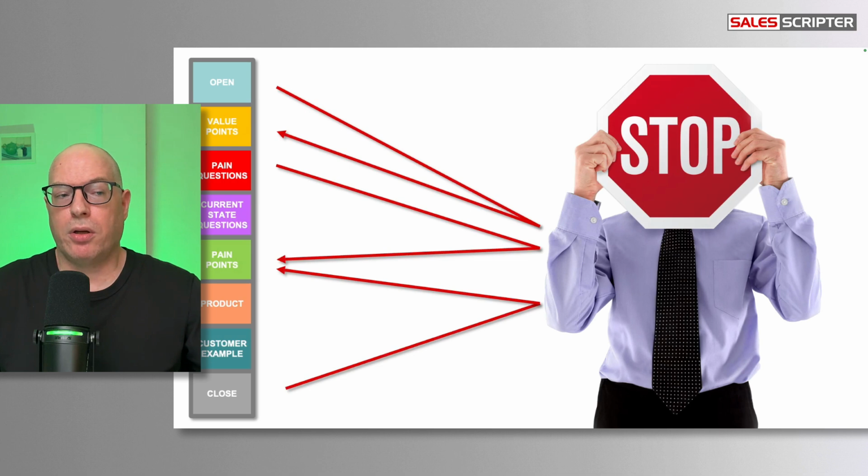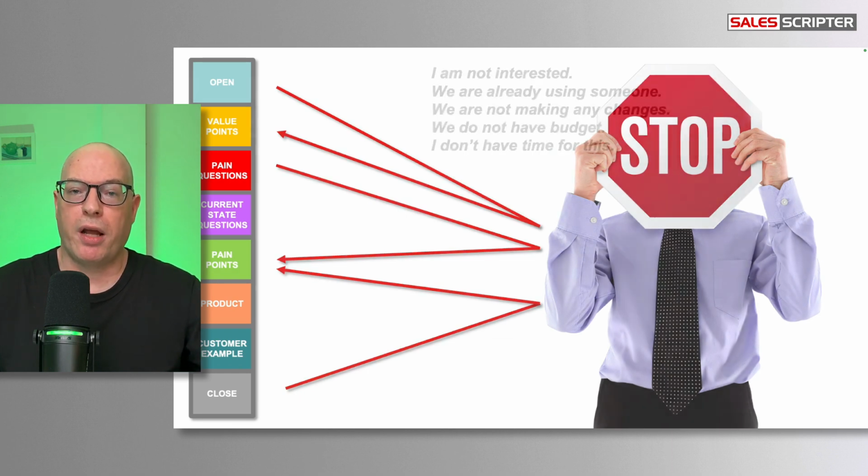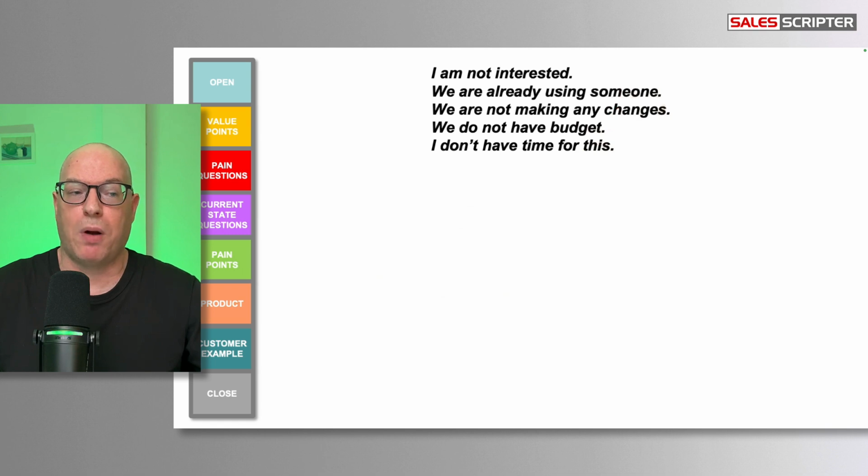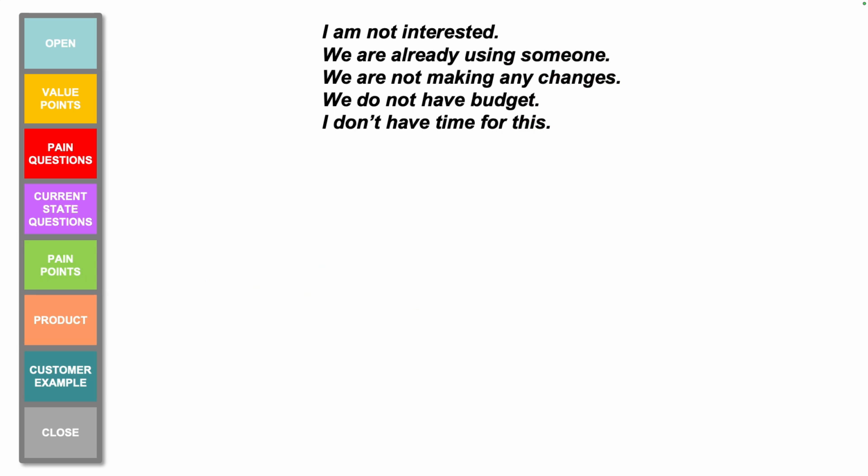We can also use your pain questions and current state questions as objection responses. I have a training module on objection handling, and we go through a lot of different objections. The majority of objections we can actually respond to by deflecting to our questions. So if you get any of these objections, I consider these to be kind of not interested objections, like I'm not interested, we already use someone, not making any changes, don't have any budget, don't have any time for this.